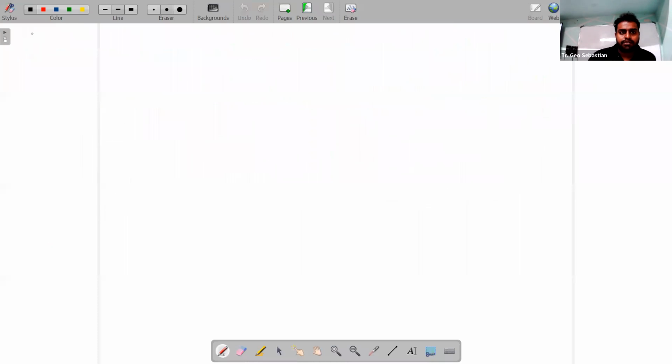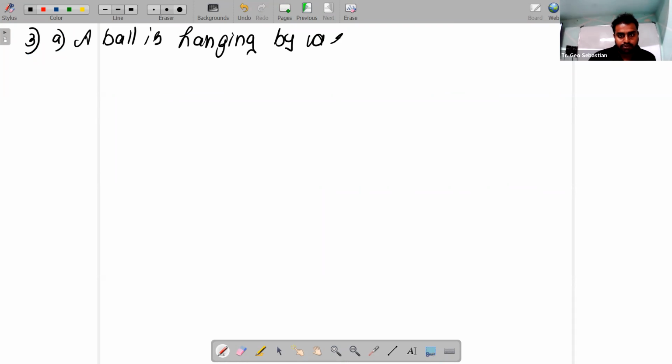Now, one important question they'll ask. 3A. A ball is hanging by a string from the ceiling of the roof.